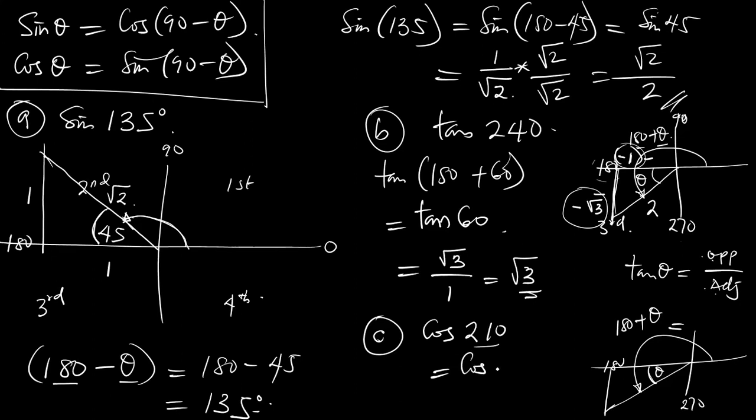So cos of 180 plus 30. So this will give us what? Now at this point, you have here to be 60, here is 30. Here is 30. And when here is 60, here is 2.